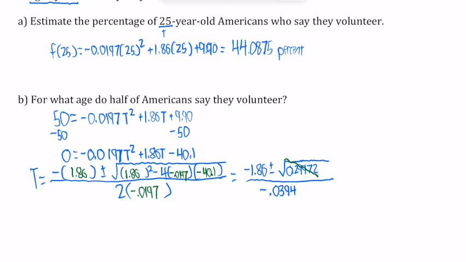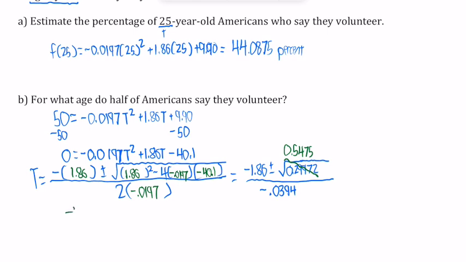Okay. Next, when we calculate the value of that square root, oops, I typed something wrong into my calculator. 0.29972, take the square root. We get about 0.5475.